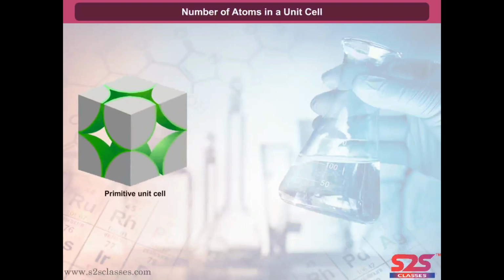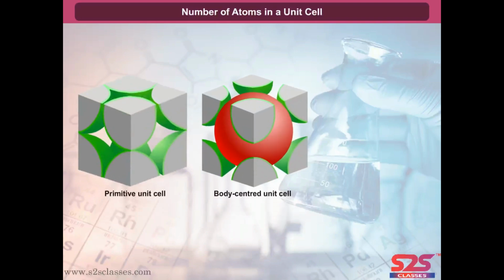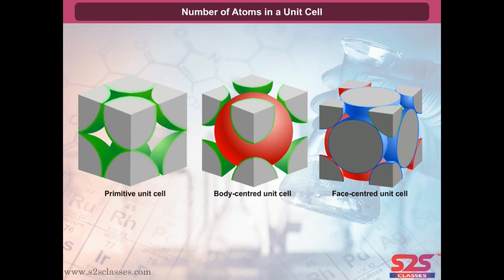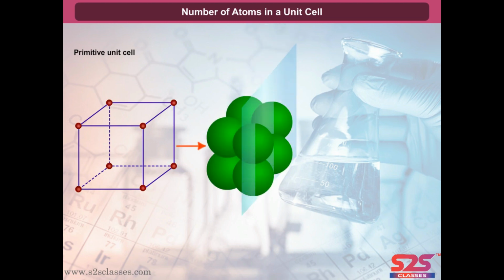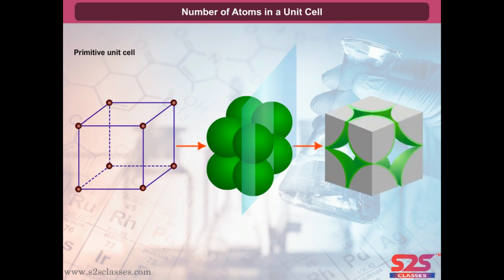Let us now learn to calculate the number of atoms in the different cubic unit cells. Simple cubic or primitive unit cell: in a primitive unit cell, atoms are present at 8 corners and every corner is shared by 8 adjacent unit cells. Therefore, only 1/8 of an atom belongs to a particular unit cell.